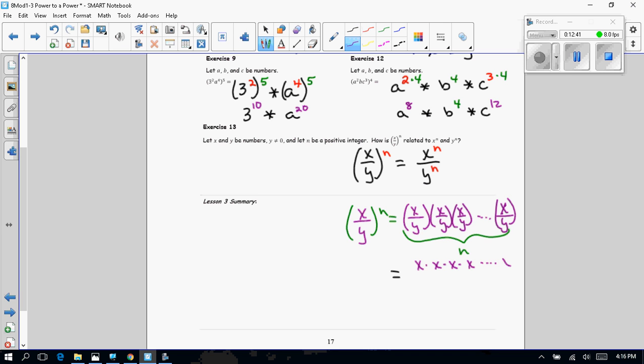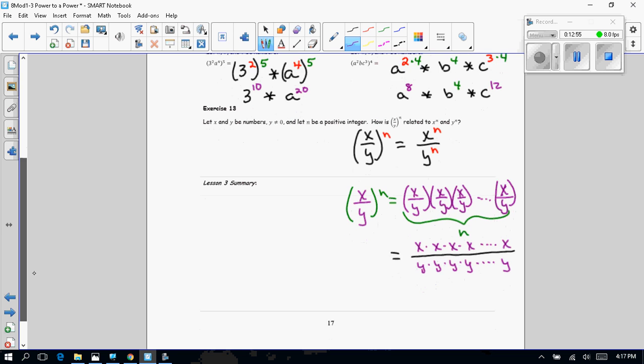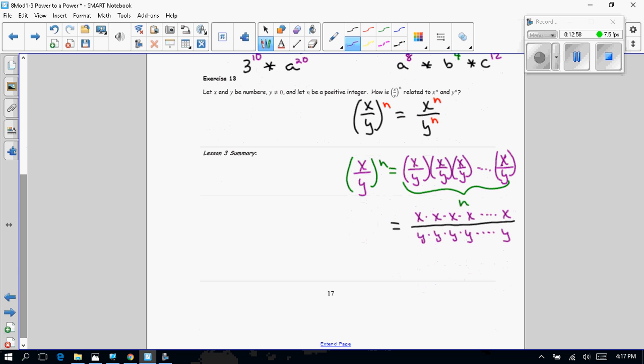How many of those? N of those over y times y times y times y. How many of those? N times of those as well. Which then means I actually have 2 problems here. I actually have x to the n power over y to the n power. All right, so it works out just the same way.